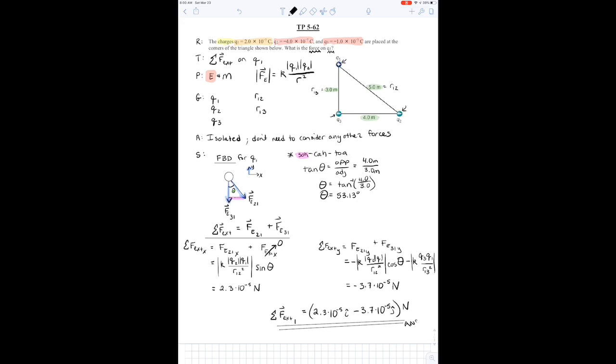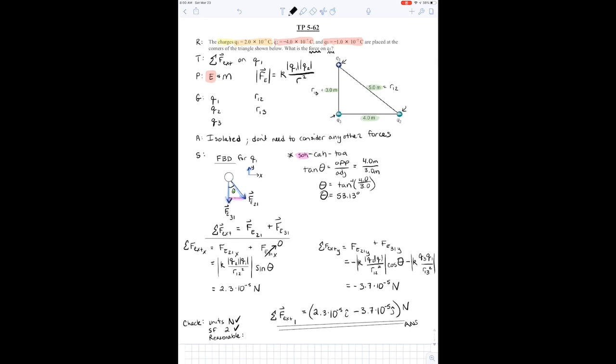Sweet. So that leaves us with just the check step. Well, we have units of newtons, so that's good. Sig figs, the problem definitely has this listed as 2 sig figs. And then reasonable. And it is reasonable.